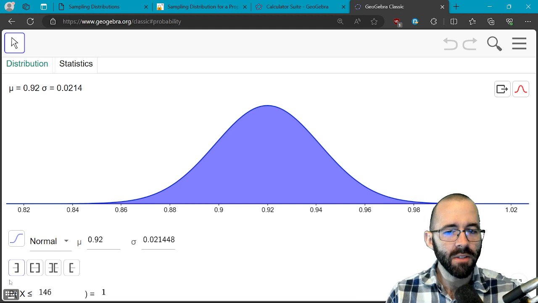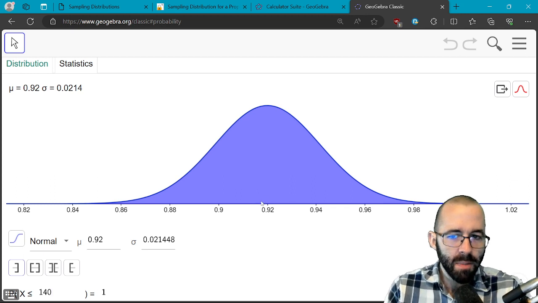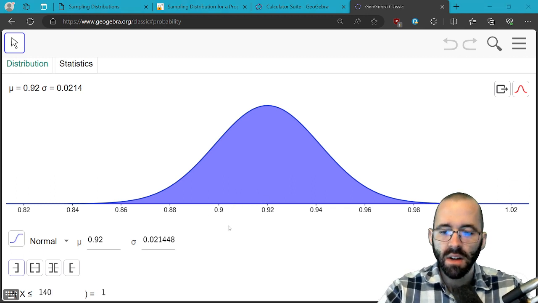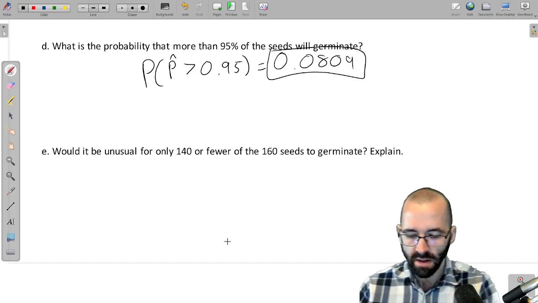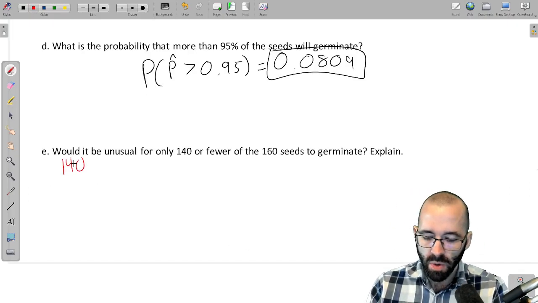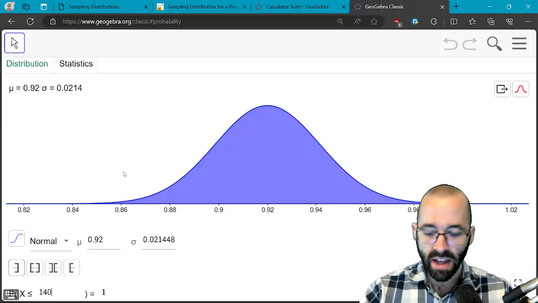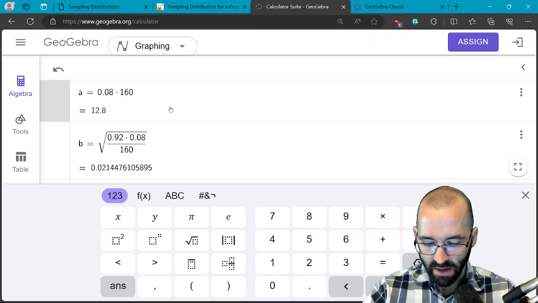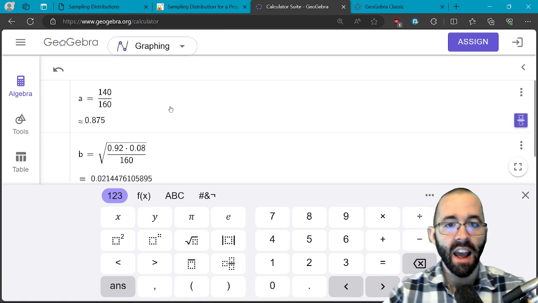We can't type in 140 because these are all proportions. We should be typing in a proportion. So what proportion is this? 140 over 160 is a proportion. We have to find out what that is. All right. 140 over 160, that's 87.5%.